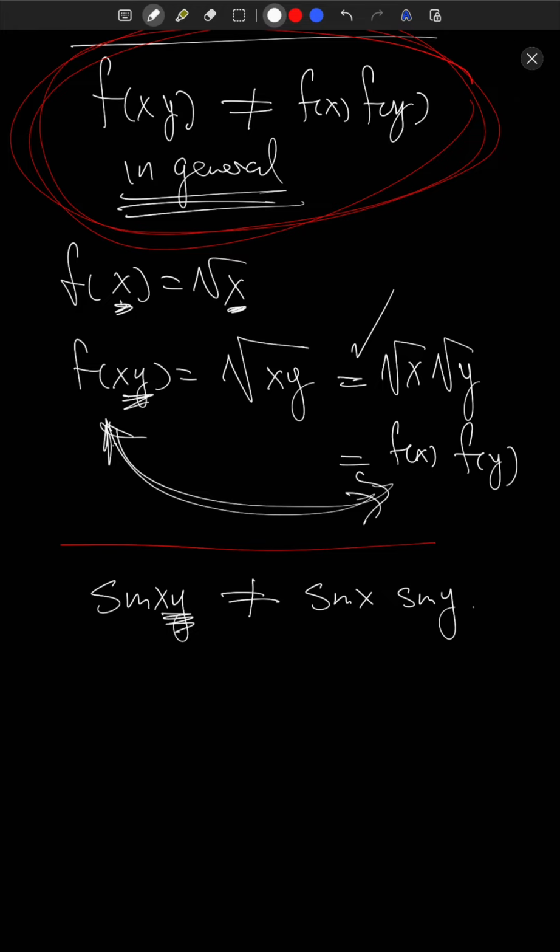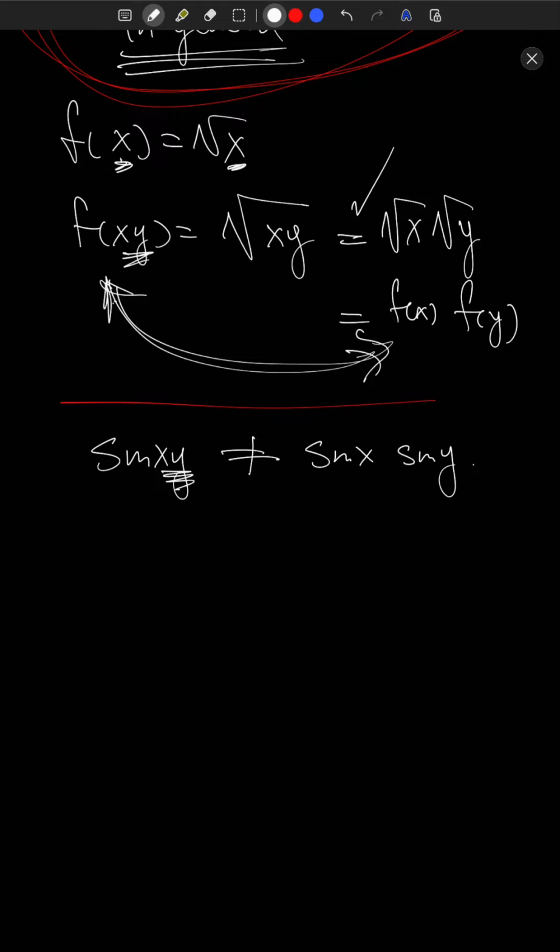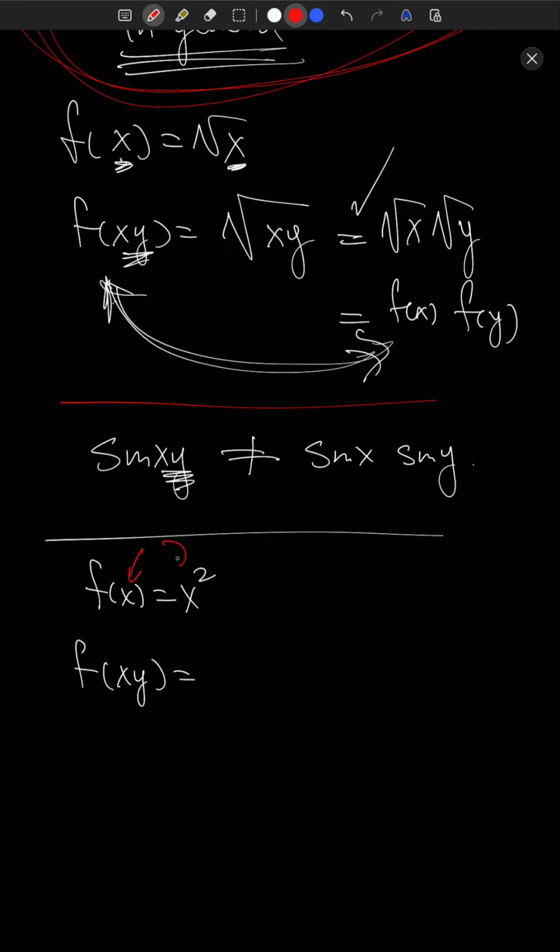All right, another example where multiplication does work is, for example, f of x equals x squared. Then f of xy is equal to whatever I put in. The instructions for this function say whatever I put in, I should square it. I'm putting in xy, so I should square it.